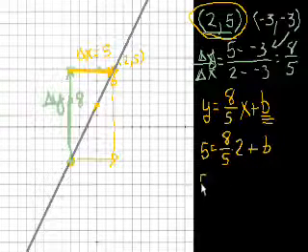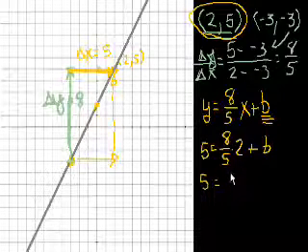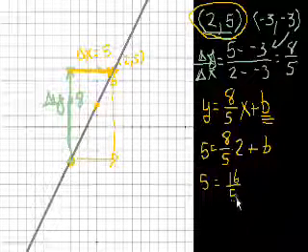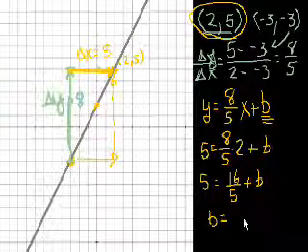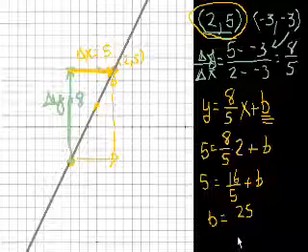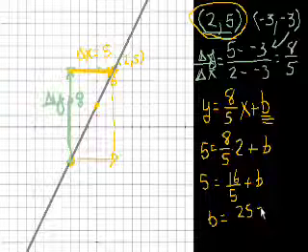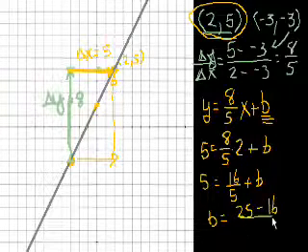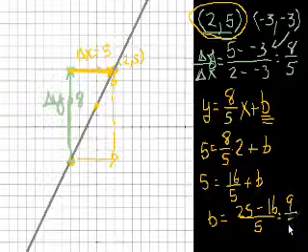Now we just get 5 is equal to 16 over 5 plus b. And then we get b equals, well, 5 is 25 over 5, right? 5 is 25 over 5 minus 16 over 5 equals 9/5.